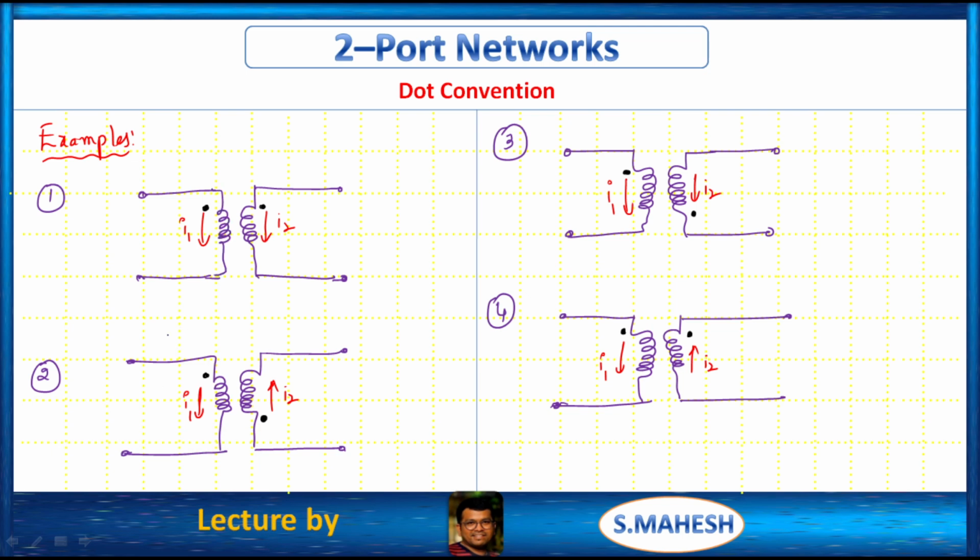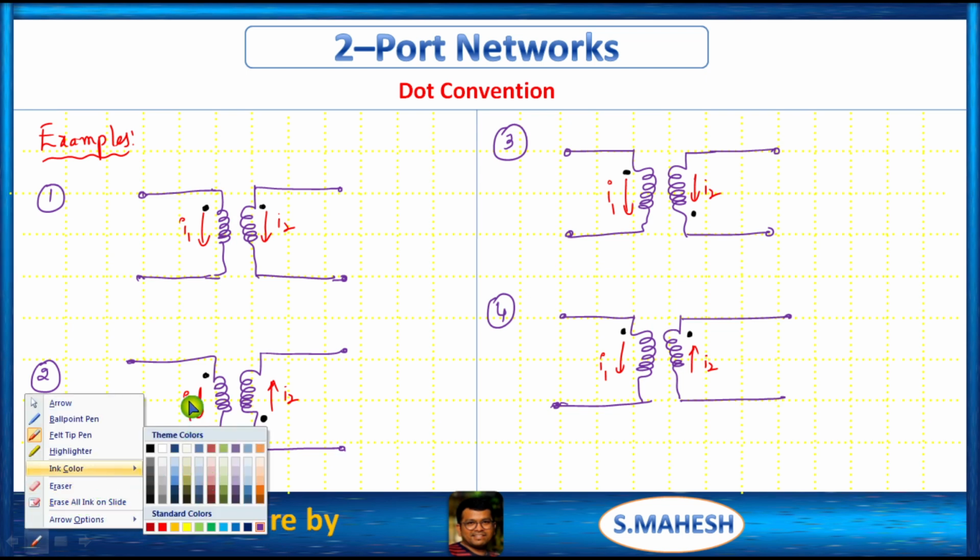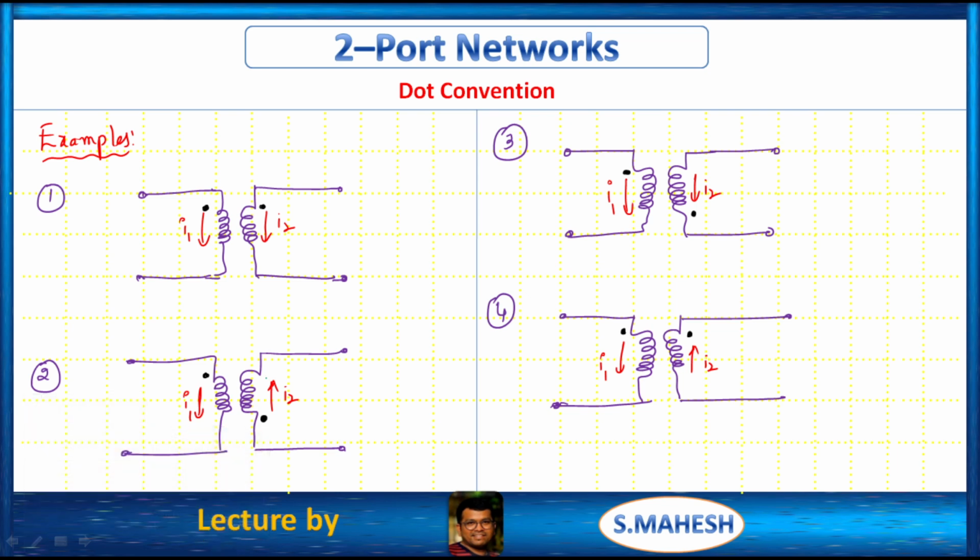That's it. Then what about mutual inductance? So from case 1, the current enters from the dot, and from coil 2 also the current enters from the dot. Therefore between these two we have what? Like this we have to write.